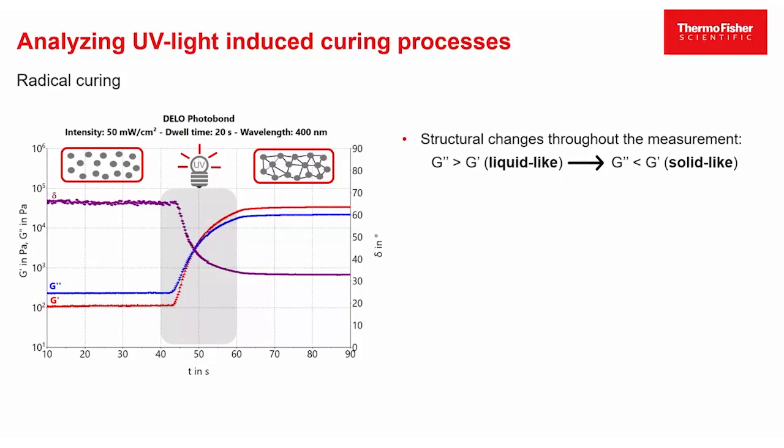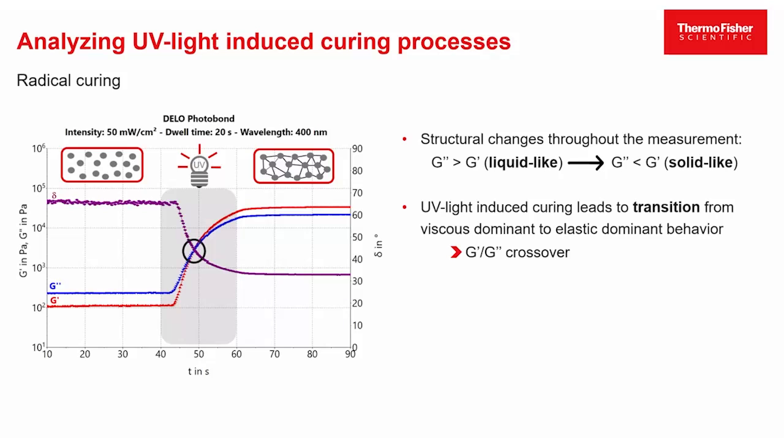Before switching on the LED, the viscous properties are dominating the elastic properties, so the Photobond in this case behaves liquid-like. During the actual reaction, the structure changes and it comes to a crossover of G prime and G double prime. This crossover is often referred to as the gel point and can be used as a parameter for further evaluation.